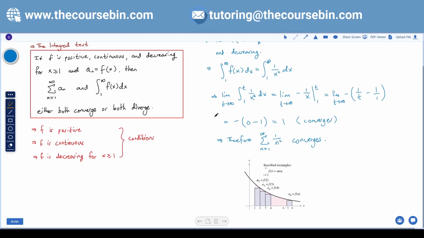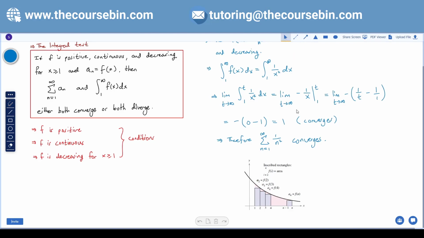That means that if the integral converges, then the a sub n also converges. So it's kind of like a cap. If we take the area underneath f of x and it gives us a finite value, then we know that this one also gives us a finite value.